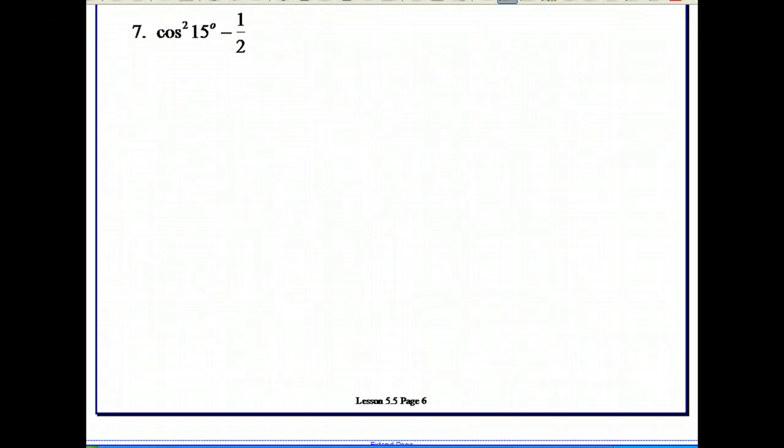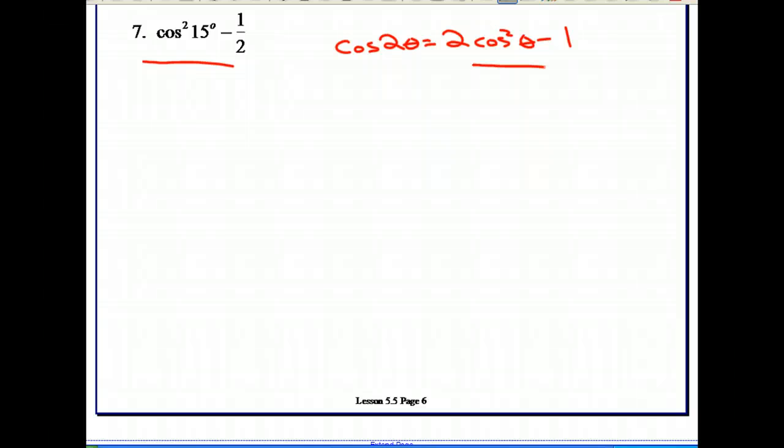So cosine of 2 theta is 2 cosine squared minus 1. I look at what I have here, I look at what I want, and it's supposed to be a minus 1. I've got minus a half, so why don't I take the top times 2?